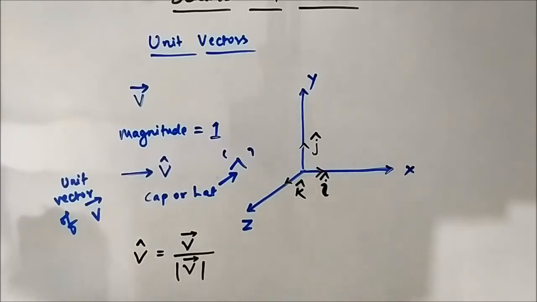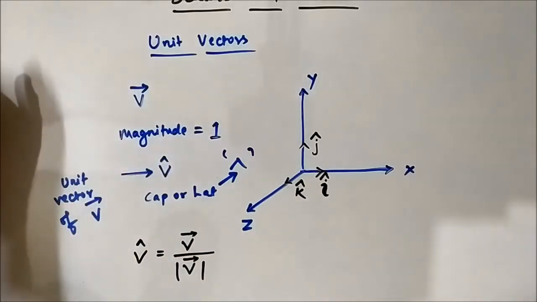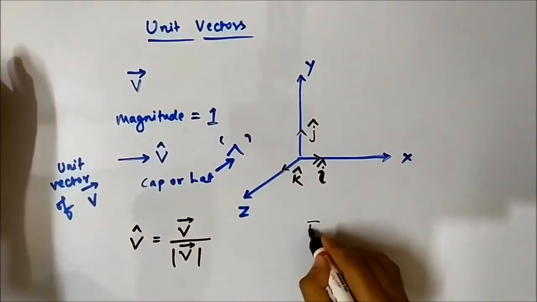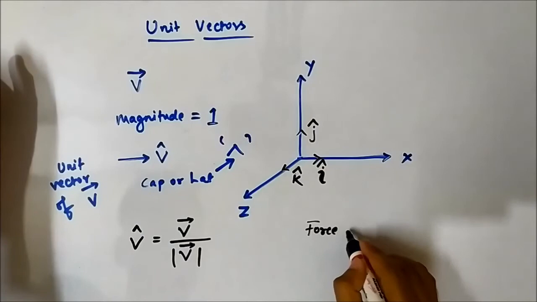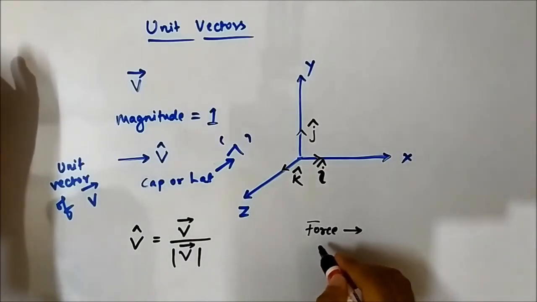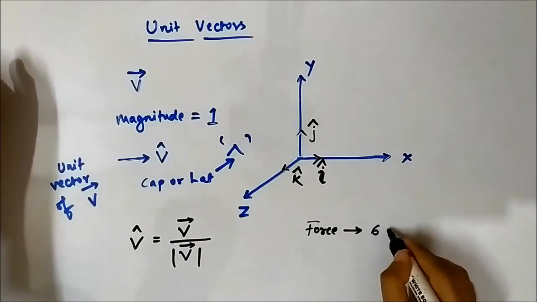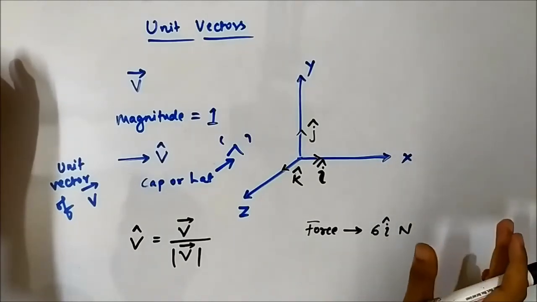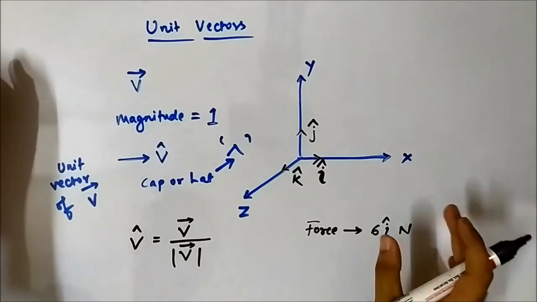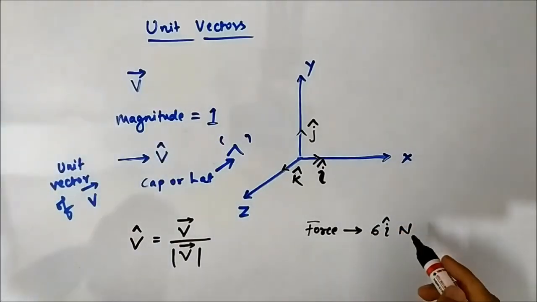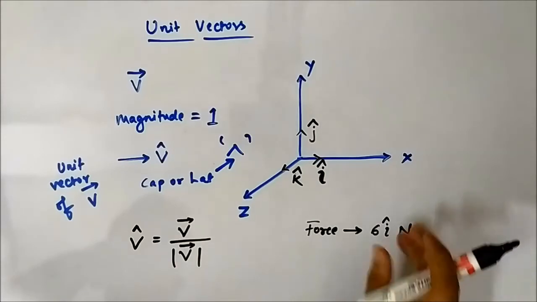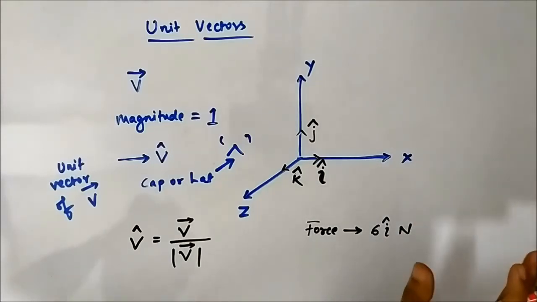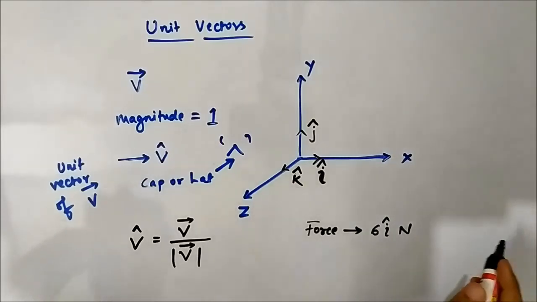Suppose we have a force equal to, let's say, 6 I cap Newton. The force is a vector quantity. Here this 6 I cap Newton gives us the two important pieces of information for a vector quantity.